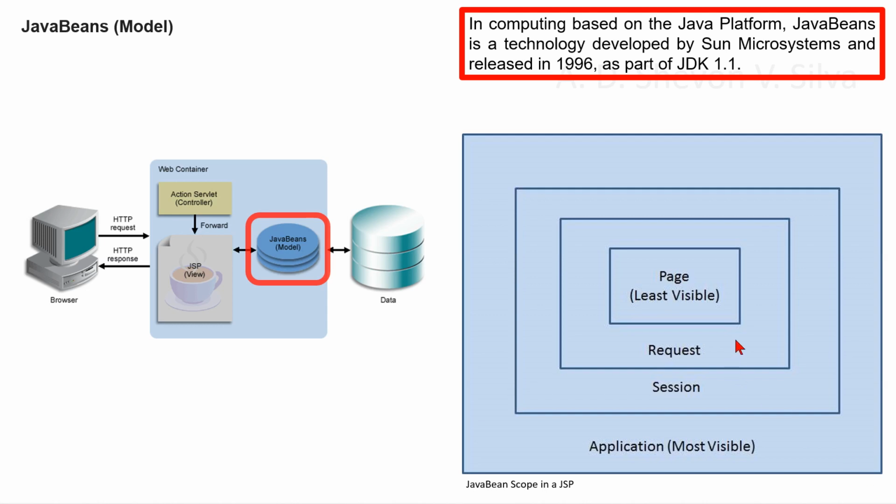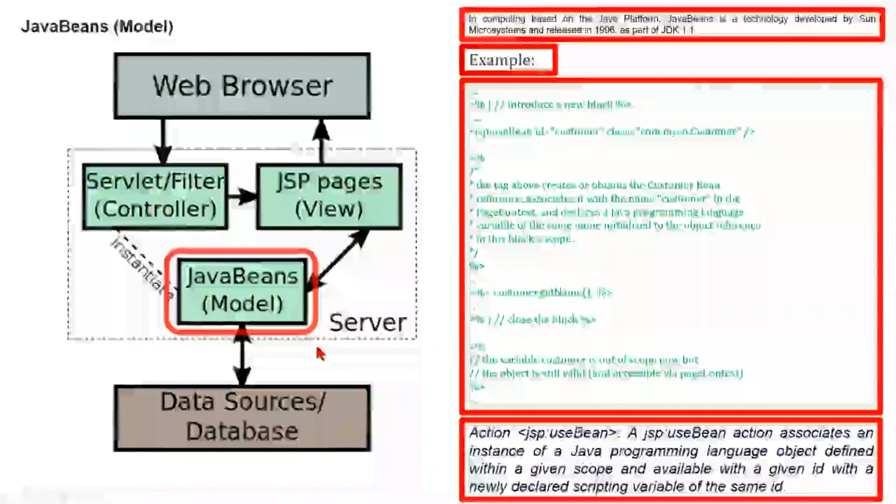So here you can see application is the most visible scope, inside it session, then inside that request, and inside it page, the least visible. As an example, we can consider this code segment.